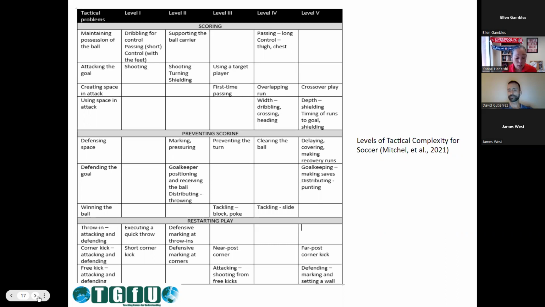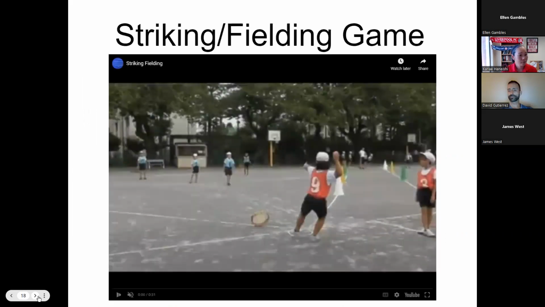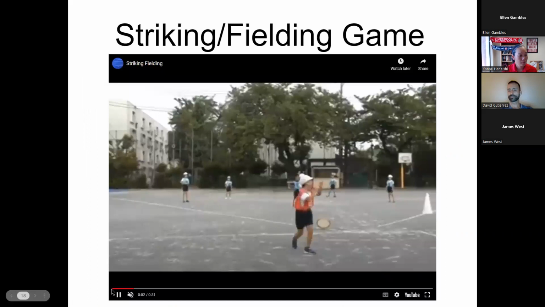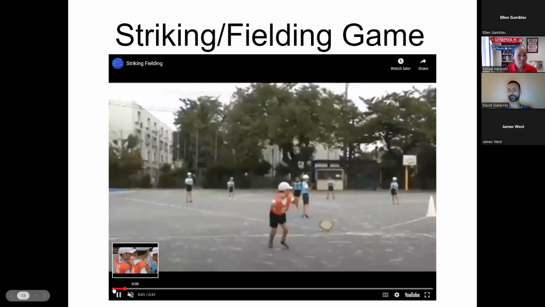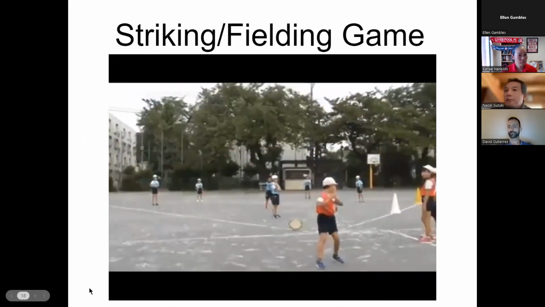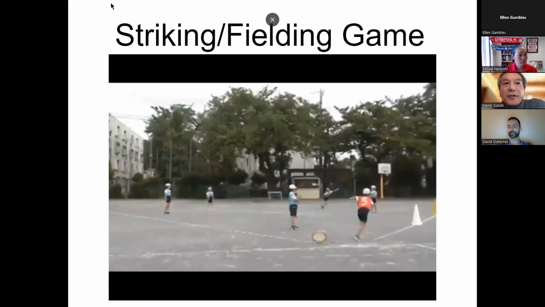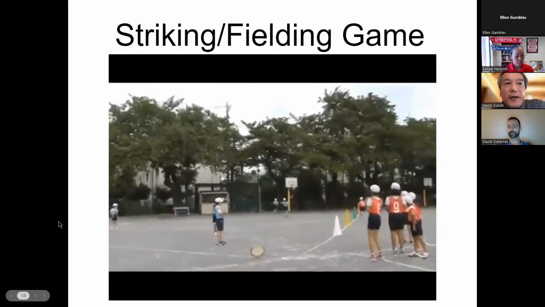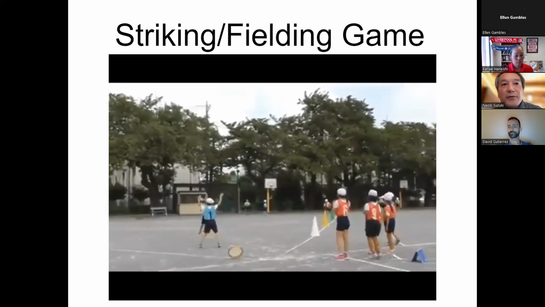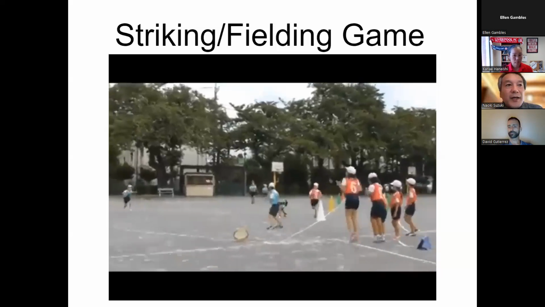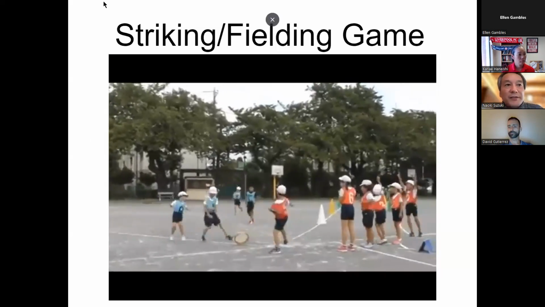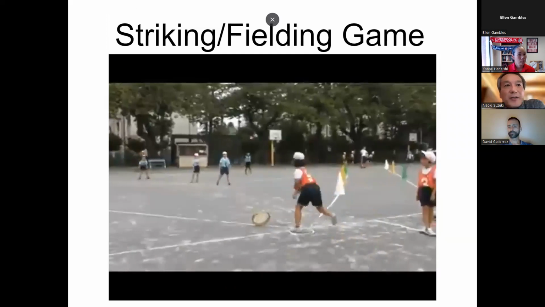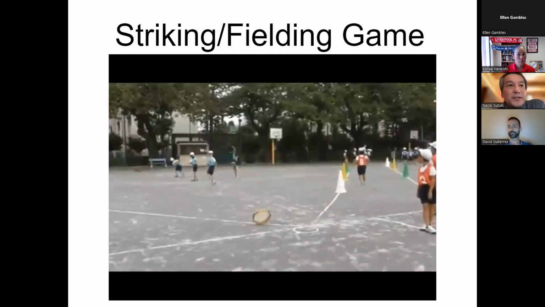So now we are going to move into the tactical problems in striking and fielding games. I will explain the tactics common to striking and fielding games and their development. Striking and fielding game is a game in which offense and defense are clearly differentiated, and the players compete against each other by alternating between offense and defense.